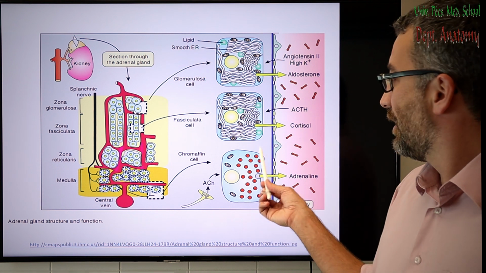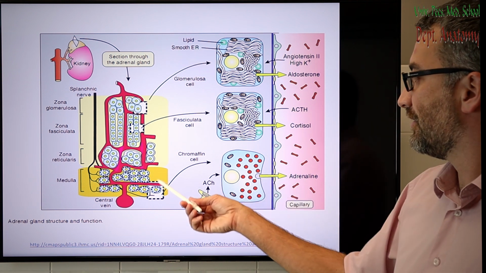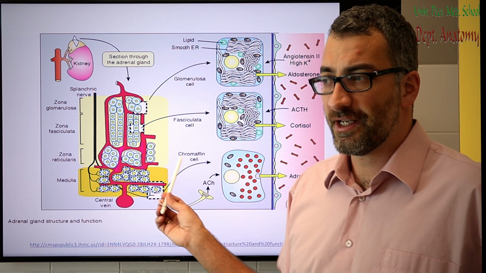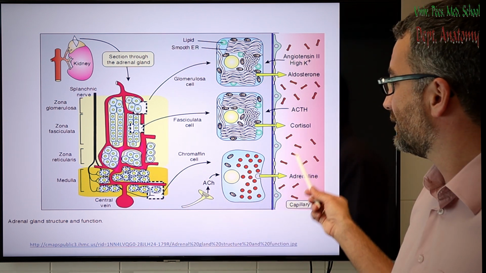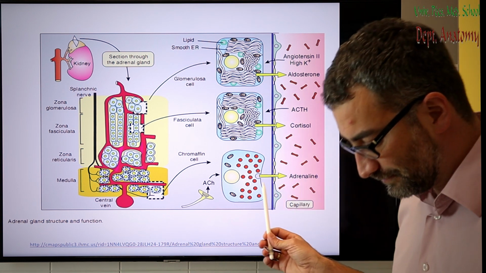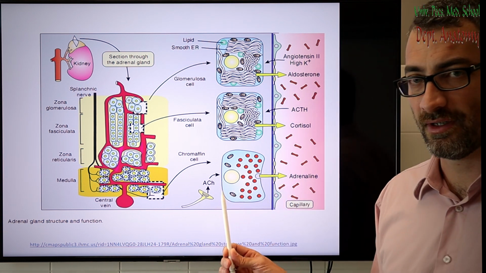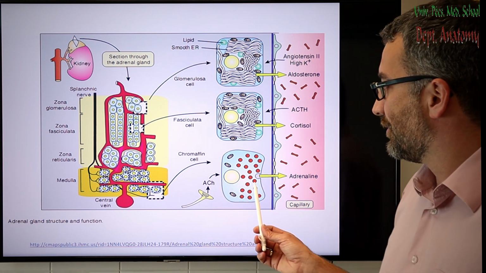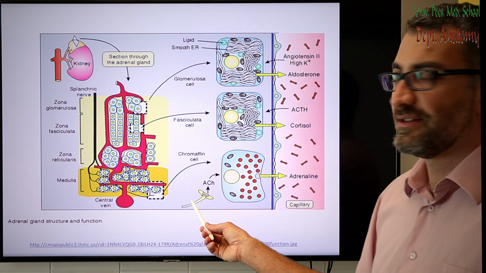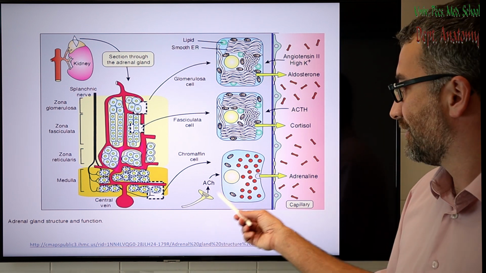The adrenaline producing medullary cells have a very special regulation. They are not stimulated directly by hypophyseal hormones. They are mainly stimulated by sympathetic nerve fibers directly.